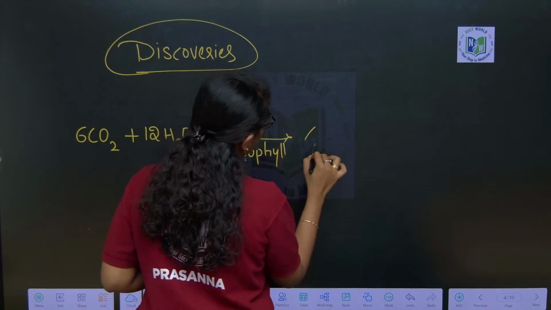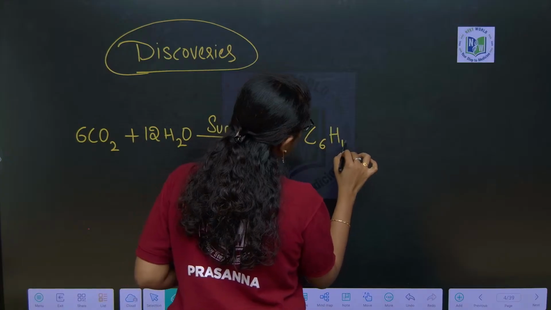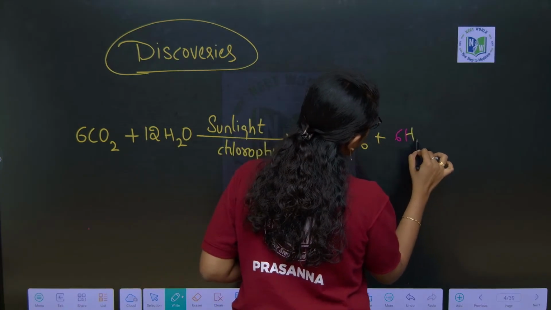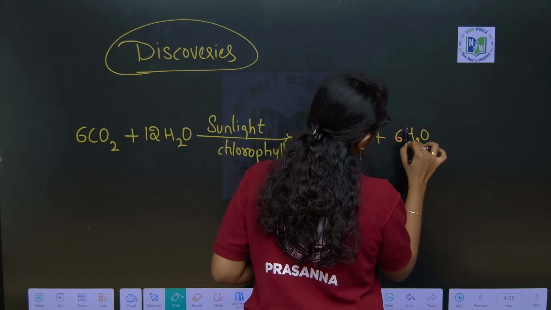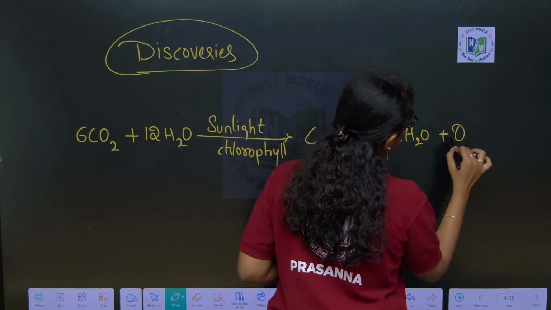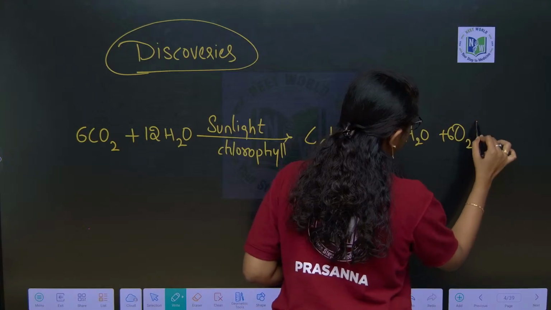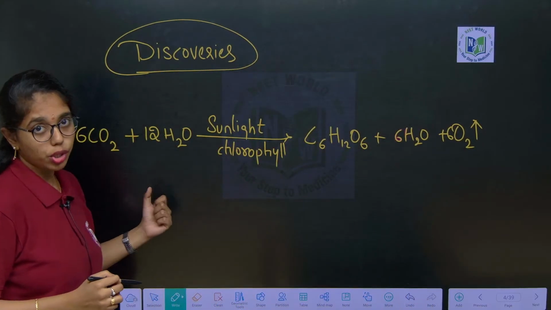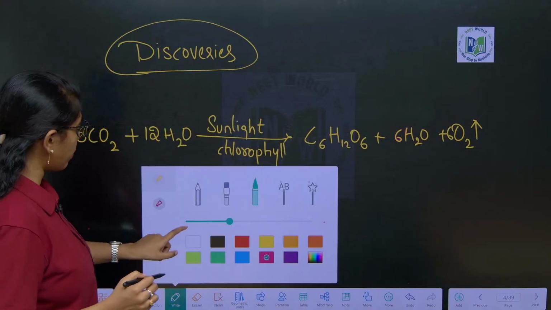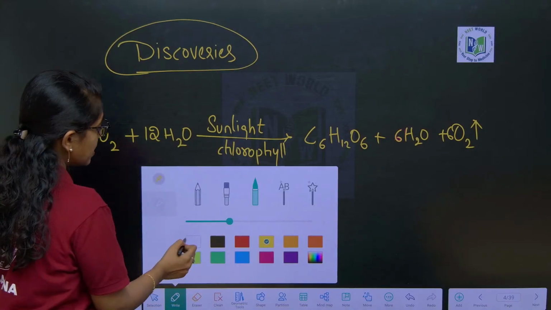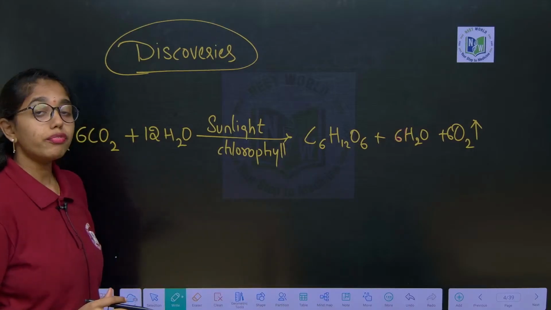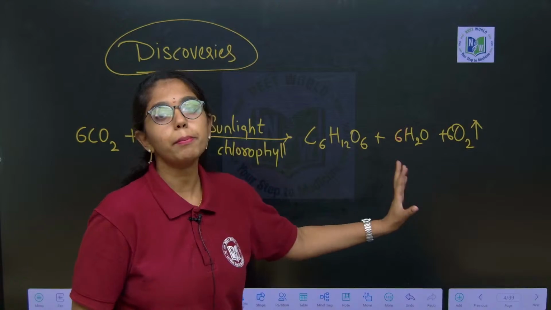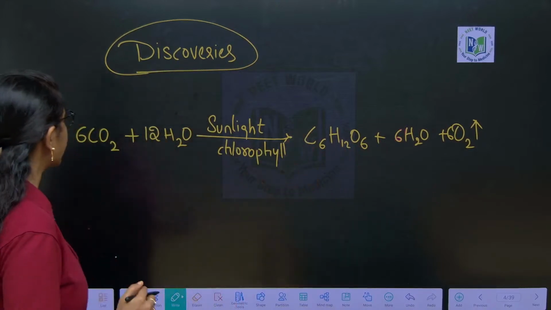It gives rise to glucose, that is C6H12O6, plus 6H2O plus 6O2, that is liberated as a byproduct. This standard equation of photosynthesis is given by C.B. Van Niel. So from this standard equation, we will recollect the complete discoveries just like this.